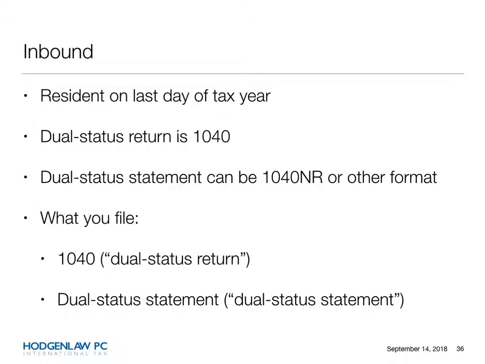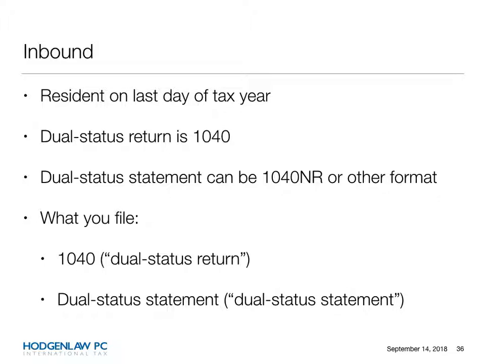There are two types of dual status returns for the two types of taxpayers: the inbound and outbound returns. If you're a US resident on the last day, then you'll file an inbound return, with the return being a Form 1040 with the words dual status return written on the top of the return, and the dual status statement, which can be a 1040NR, but with the words dual status statement written on the top.